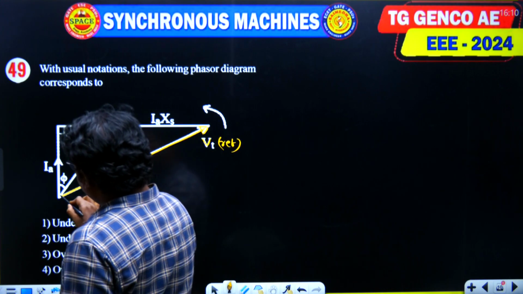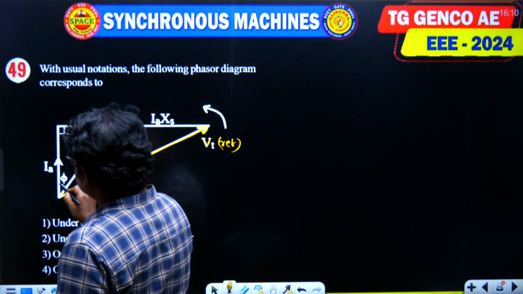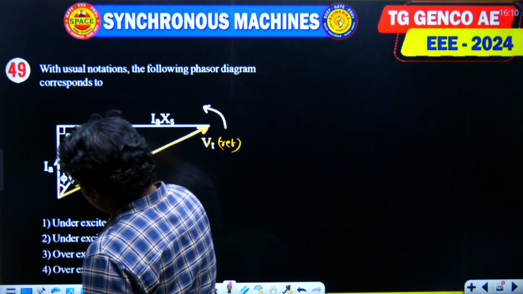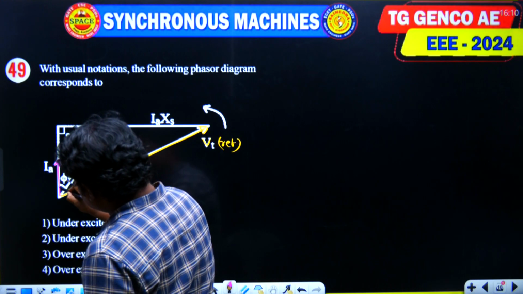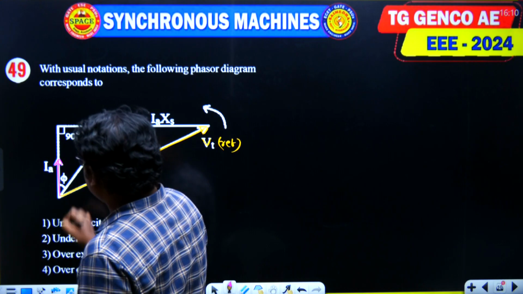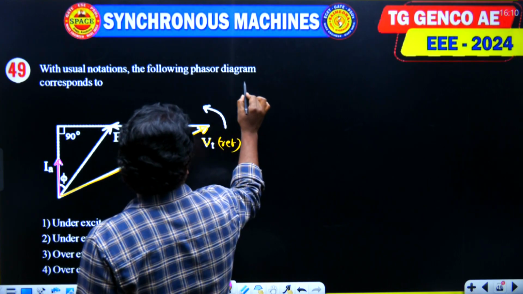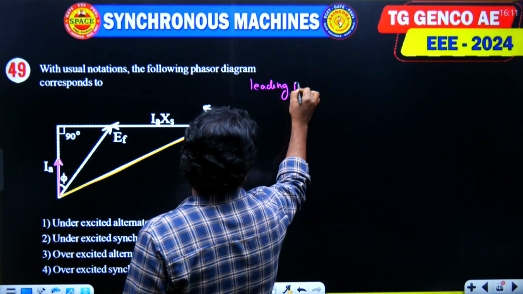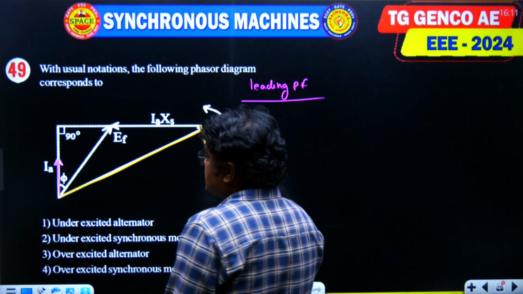The armature current IA leads the terminal voltage by an angle. So definitely it is a leading power factor.